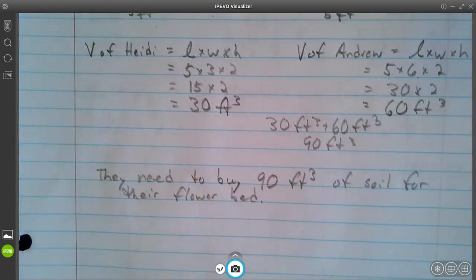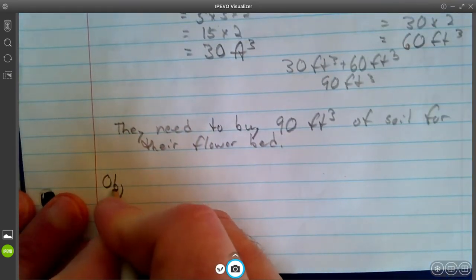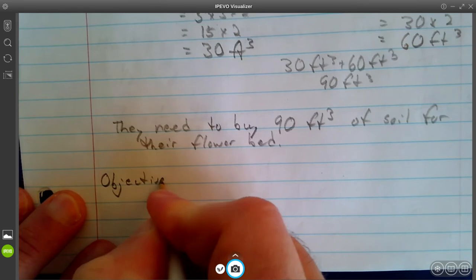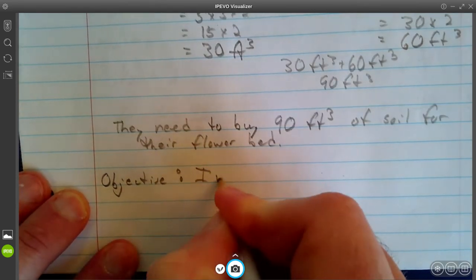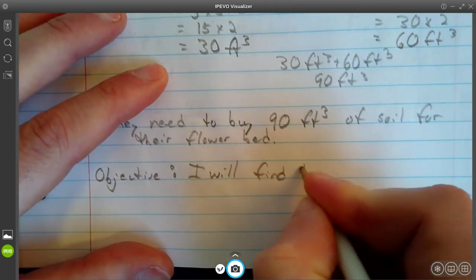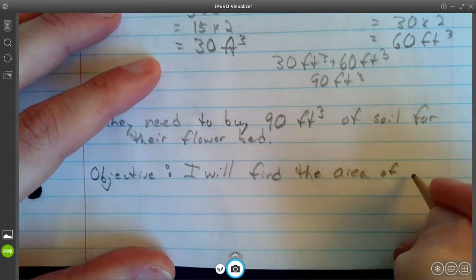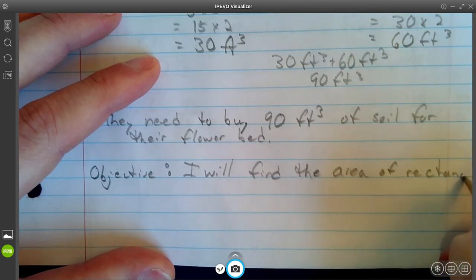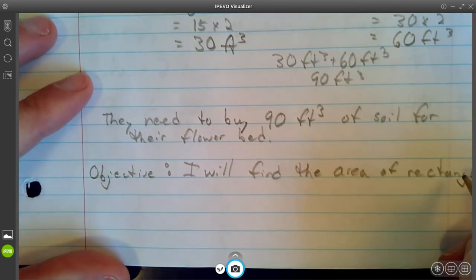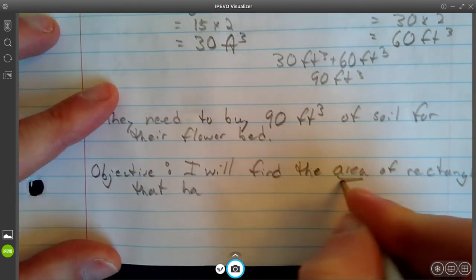Objective, so what we need to think about for the rest of the period is, I wrote it in a better way here. Where did I put it? Objective. I will find the area of rectangles that have, so again, area is different.